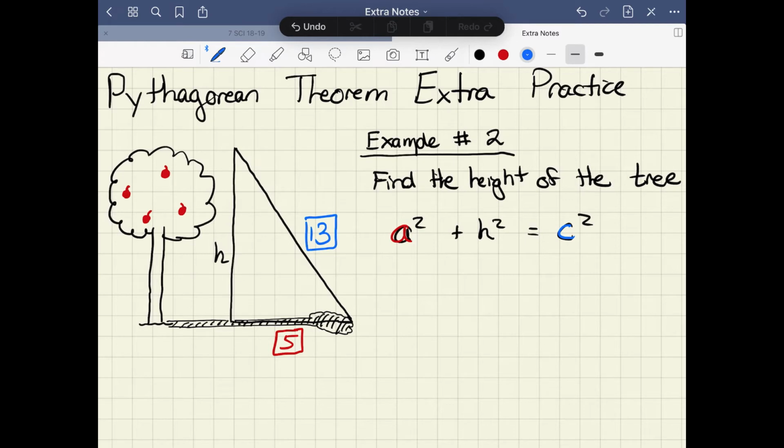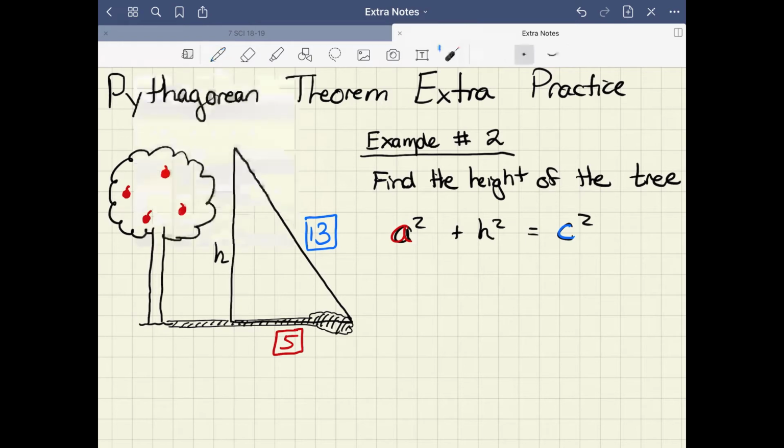Okay. One thing you can do right from the get-go, and we didn't do this in the last example, is you can subtract one of the legs right from the beginning. So let me show you what I mean. We want to find h squared.